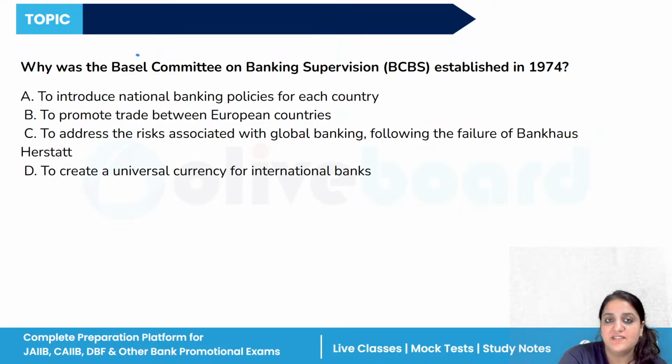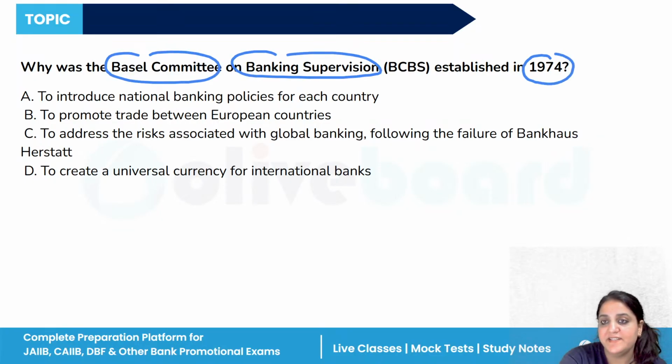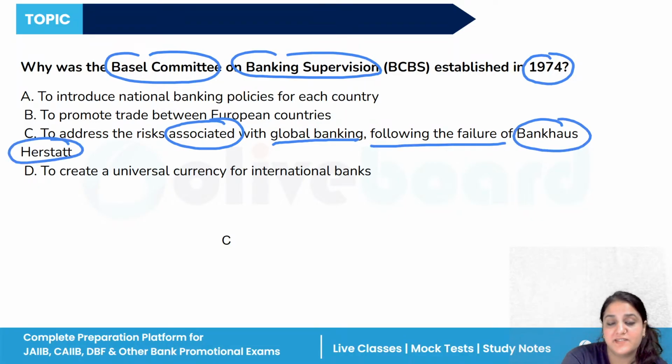Why was the Basel Committee on Banking Supervision established in 1974? To address the risks associated with global banking, following the failure of Herstatt Bank.